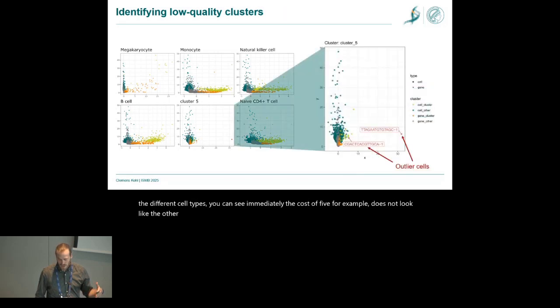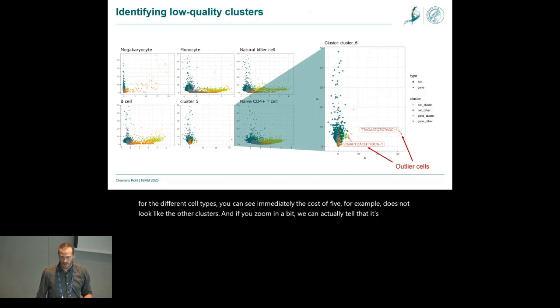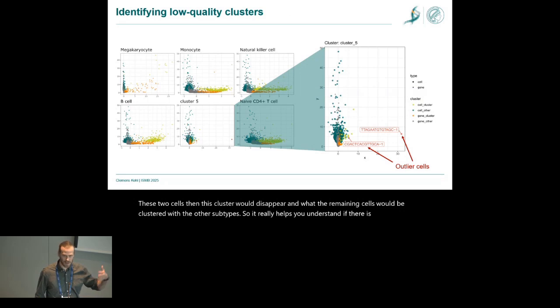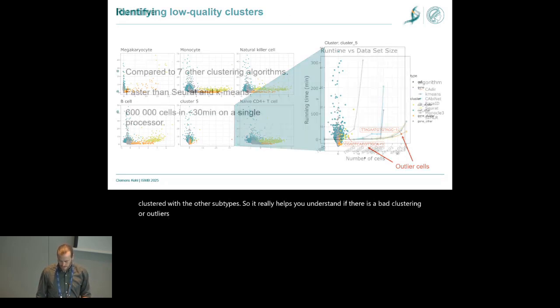And if we zoom in a bit, we can tell that it's completely dominated by 2 outlier cells. If we remove these 2 cells, then this cluster would disappear and the remaining cells would be clustered with the other cell types. So it really helps you understand if there's a bad clustering or outliers in your data.